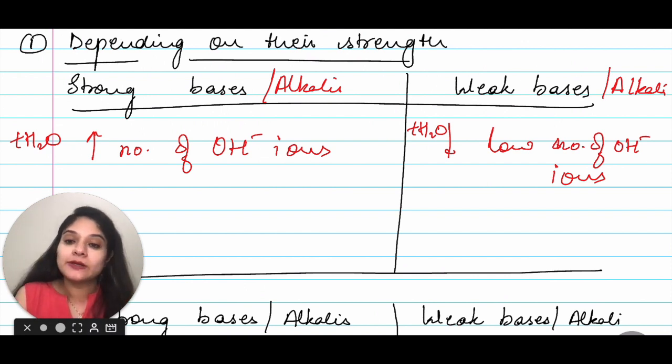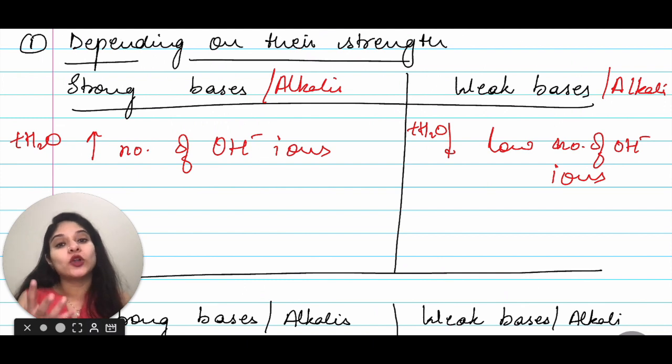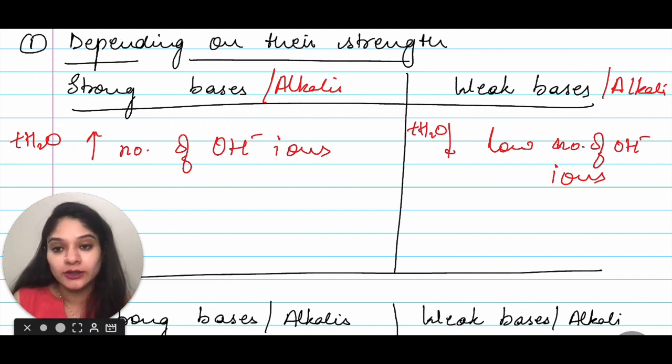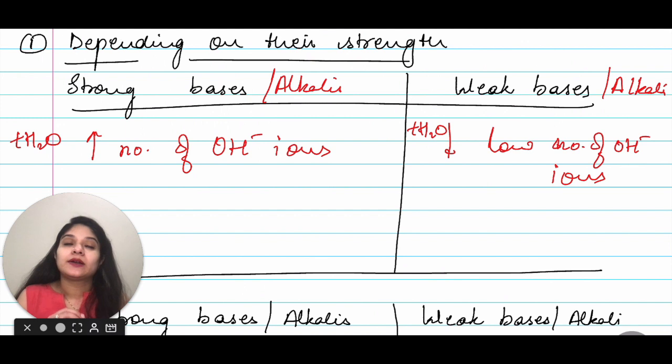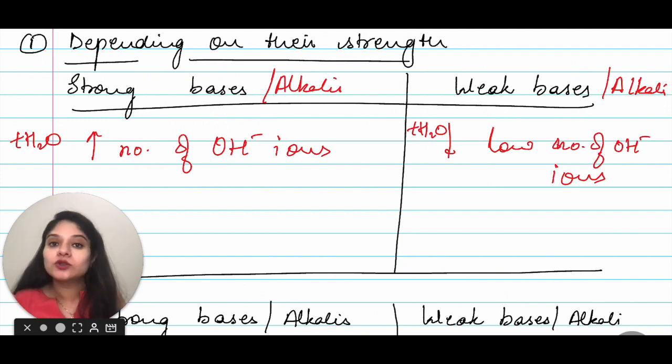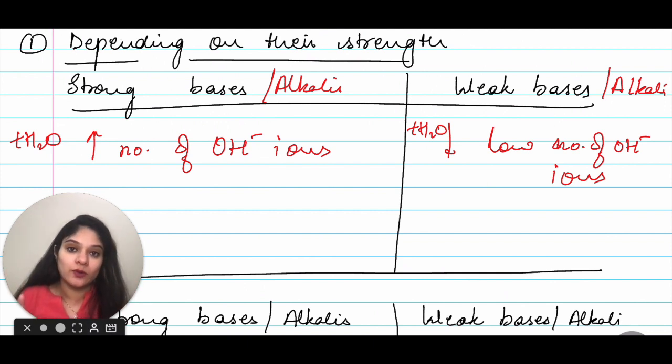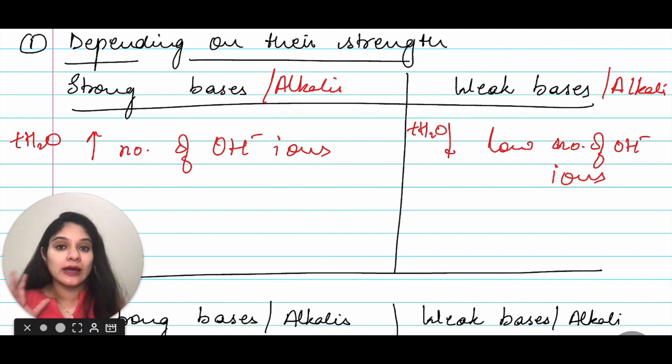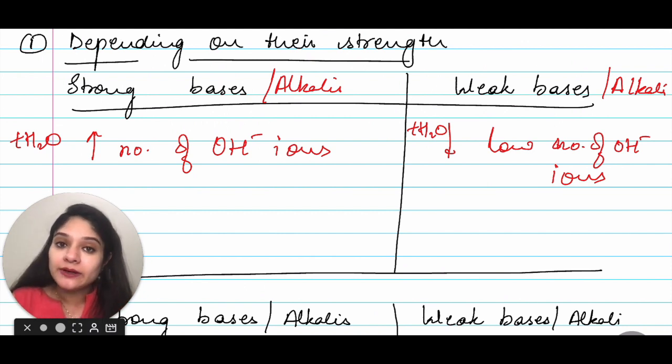So let's say you have 10 molecules of a strong alkali or a strong base, and out of 10 molecules all of them ionize. So when all of them get ionized, you get all of them as OH negative ions. Ten molecules give you 10 OH negative ions. That is a strong alkali. What would happen in a weak alkali?